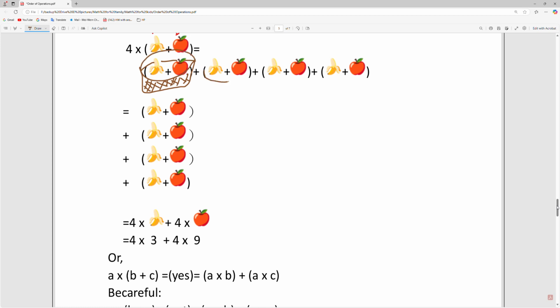So you brought 4 baskets to visit your friend. And each basket has 1 apple and 1 banana.